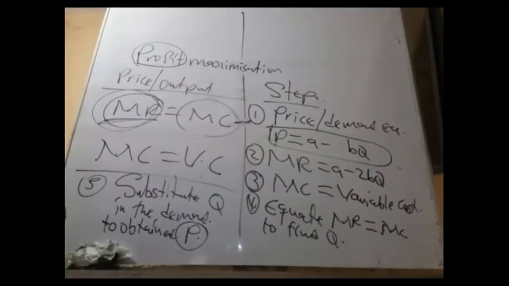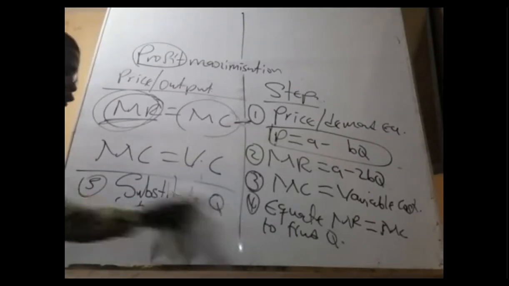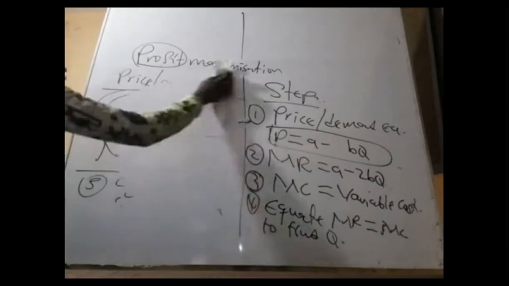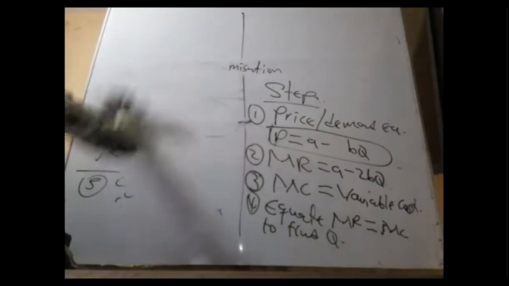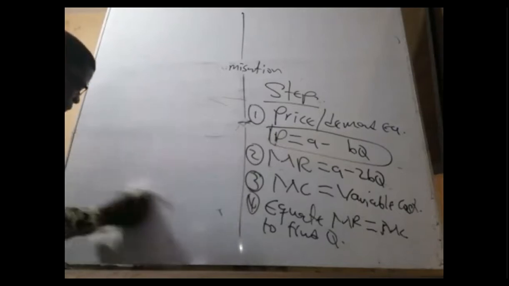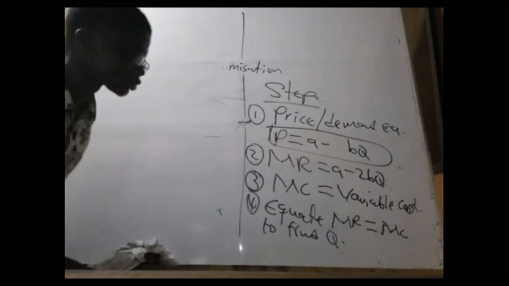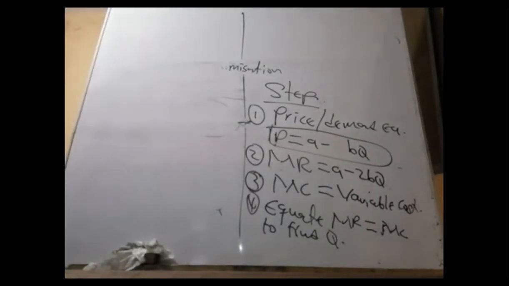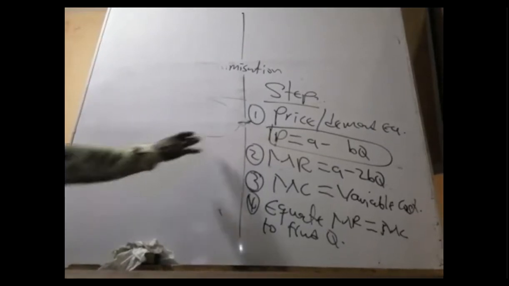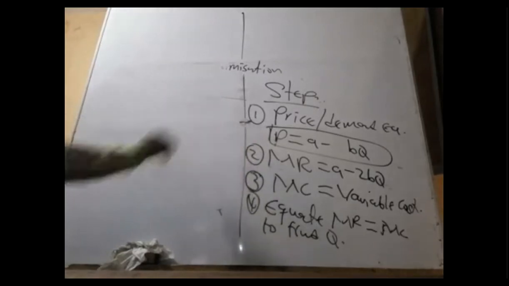First, let's establish a demand equation or the price function here. That's the first point. So I'll work that one here side by side. If you want the demand function, just look for change.